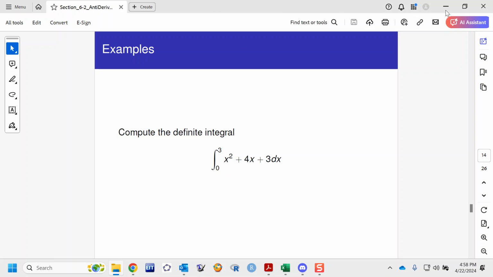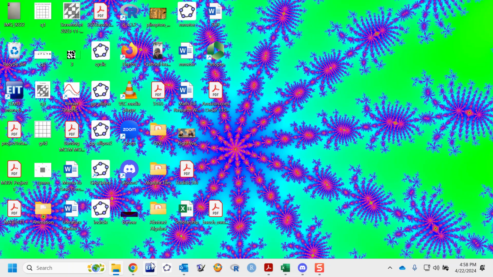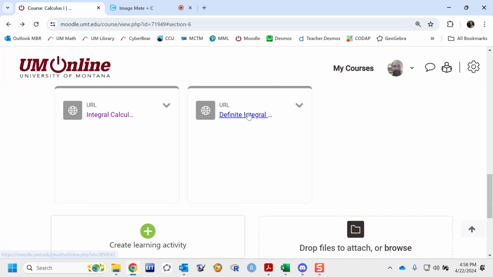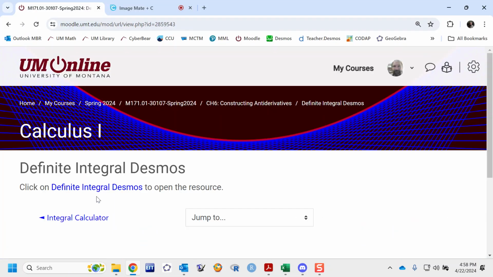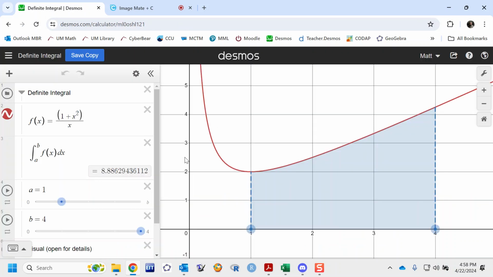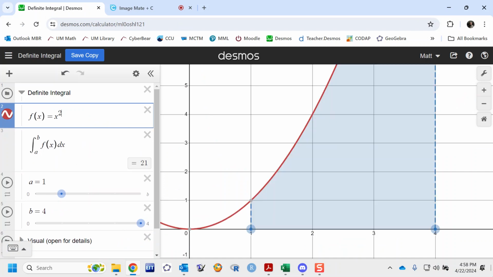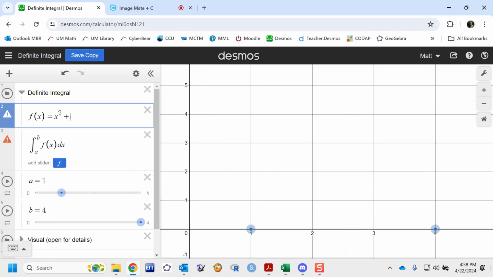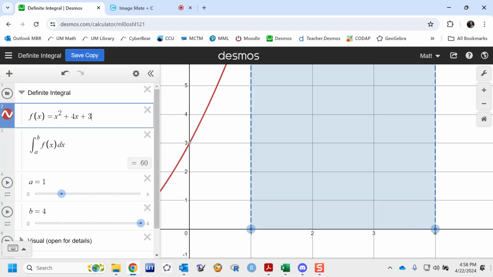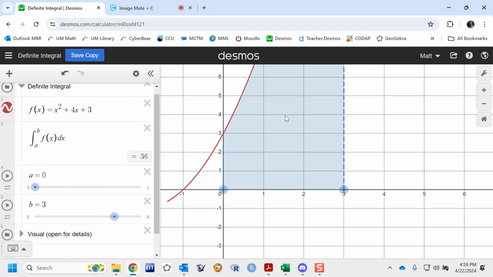I think it'd be worth peeking at this one first. So I'll go to the definite integral calculator on Desmos. I'm going to change the equation to x squared plus 4x plus 3, and we're integrating it from 0 to 3, so I'll adjust the limits of integration to be 0 to 3.